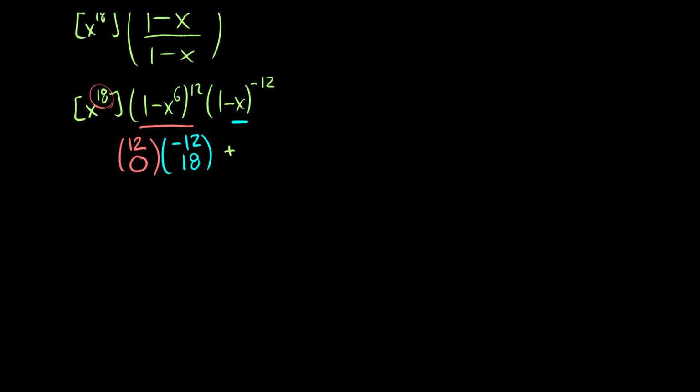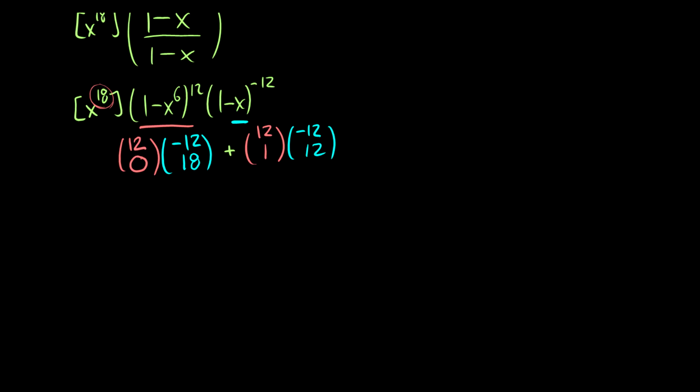Now, what about the case where we choose 1 of the x6's? So let's say 12 choose 1. And if we have x6, then that means we have to choose 12 out of the x1's. So this will be negative 12, choose 12.